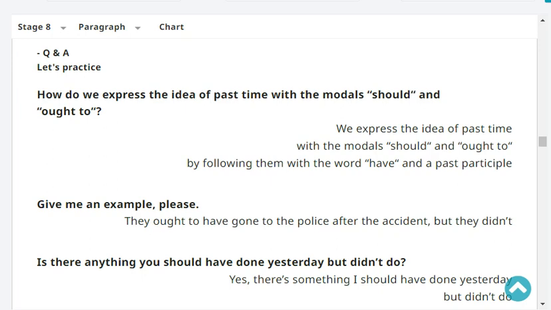Give me an example, please. They ought to have gone to the police after the accident, but they didn't.